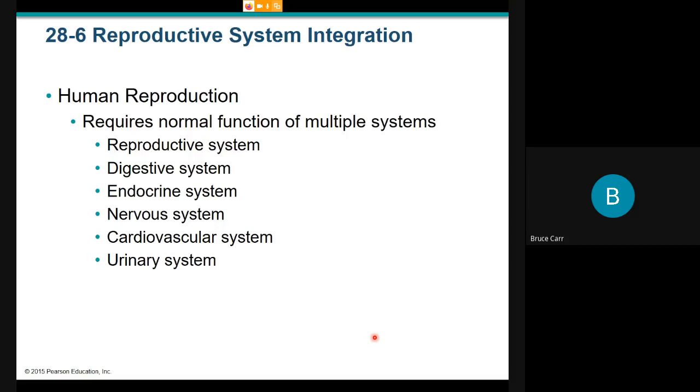If you don't have good operation of the other 10 systems, then it's going to have an effect on fertility and on the reproductive system, but especially the digestive system, the hormones, the nervous system. All of those are involved, the nourishment, the regulation of sexual behavior and sexual cycling. The cardiovascular system always is involved with every system, and the urinary system to eliminate nitrogenous wastes.